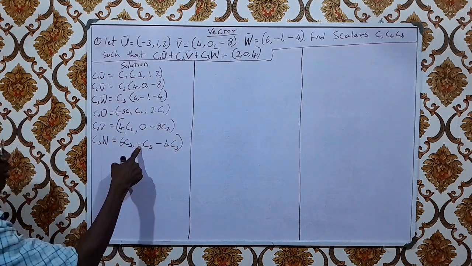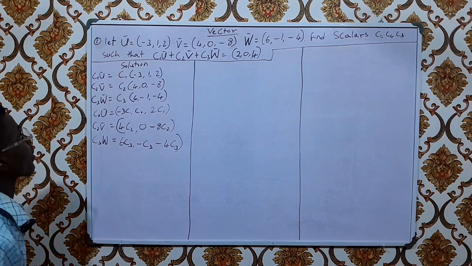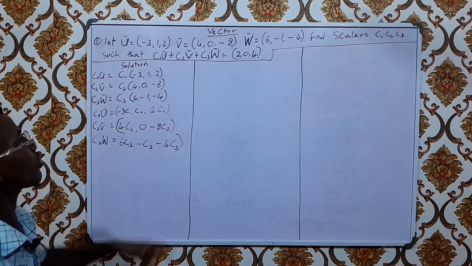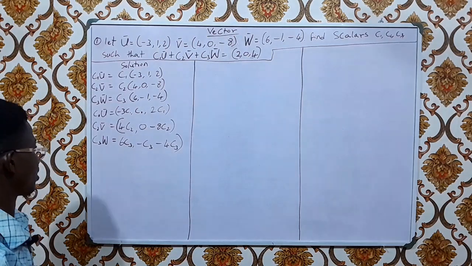We will not put 1 now. Minus C3 simply means minus 1 C3. So we have this. Then, coming back to the question, remember that this plus this plus this gives us this.